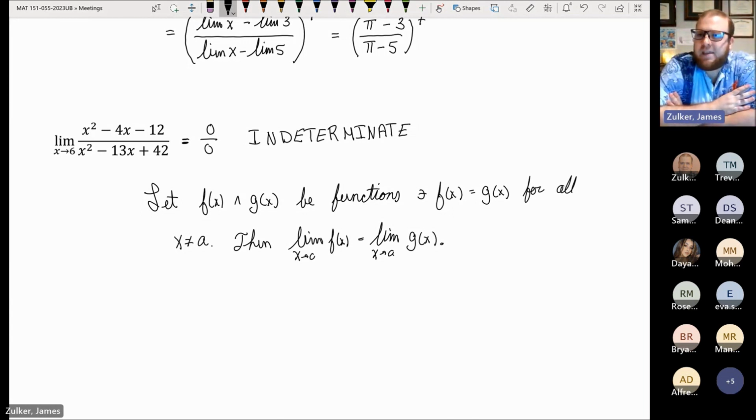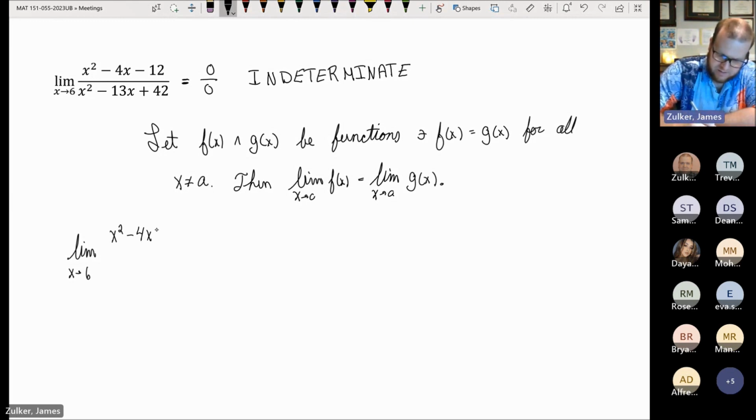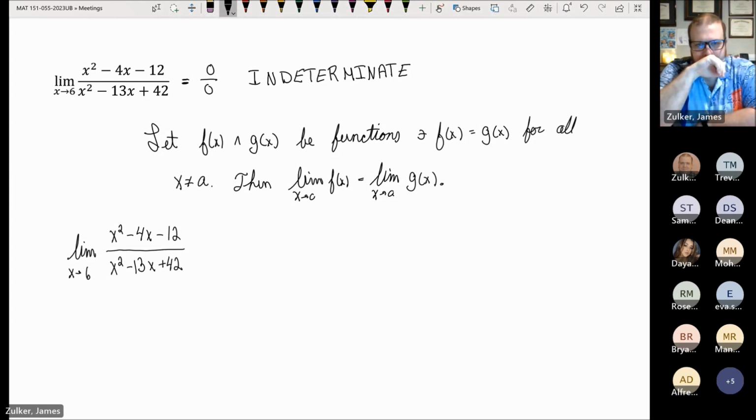When you get indeterminate, the goal is to find a new function g of x that is identical to f of x everywhere except at a. The best way to do this is algebra.